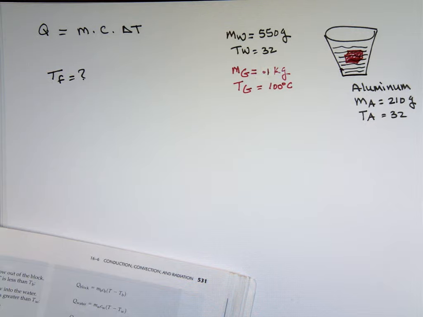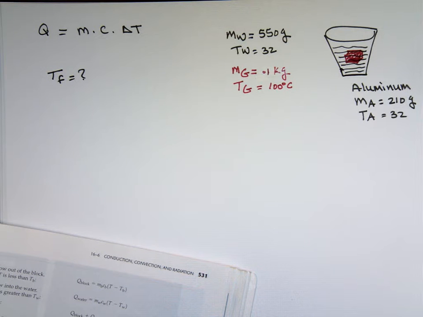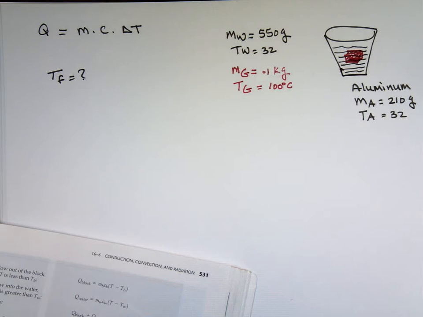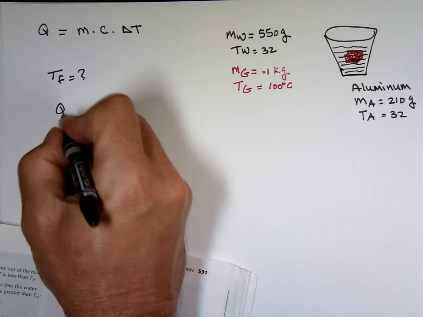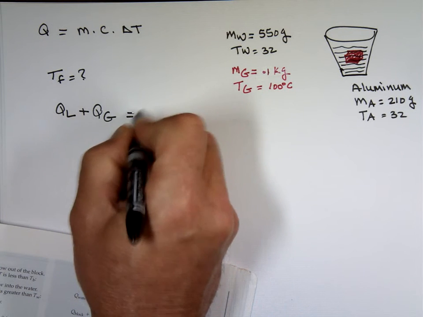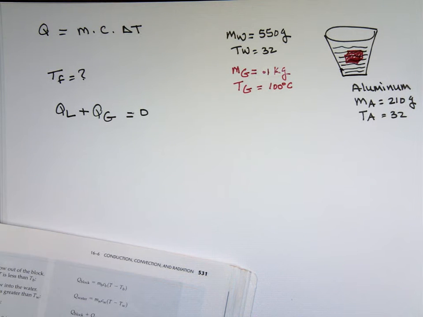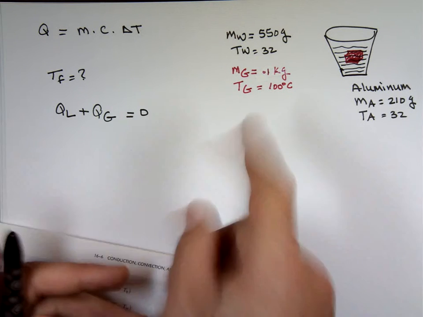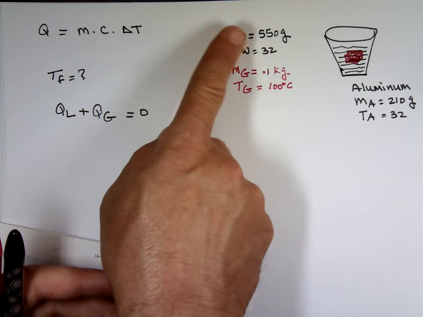We have to assume we don't lose any heat to the surrounding air, the open container there, so we have conservation of energy. Q lost plus Q gained has to equal 0 when you add them. If you take the amount of heat that was lost, which the gold gave away, and add it to the amount of heat that was gained by these two, the result should be 0.